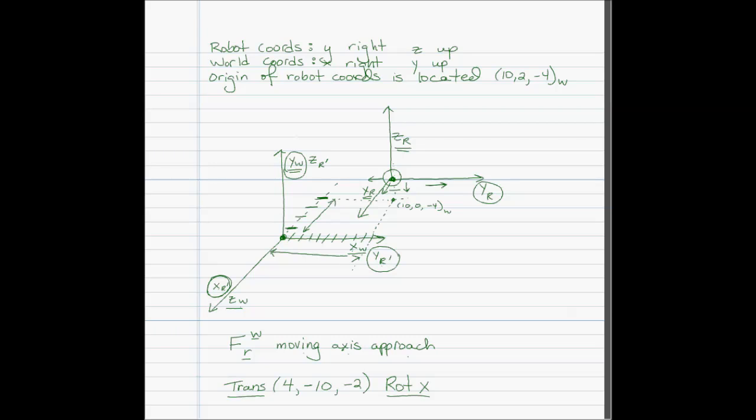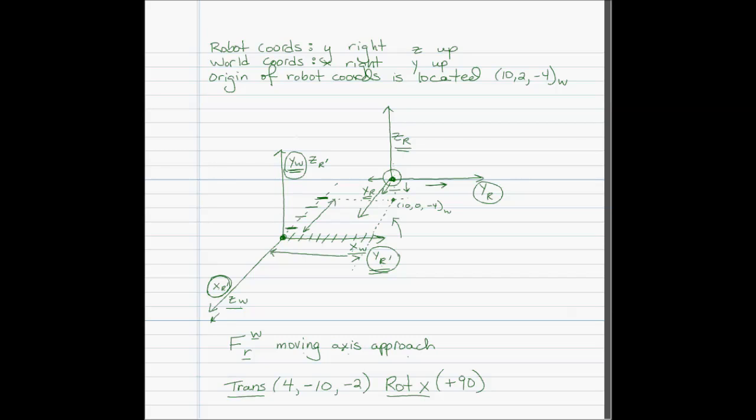I need to figure out how to align this y sub robot prime with this y sub world, and the answer is I need to do a rotation in this direction. And that direction turns out to be, if I point my right thumb along the x robot prime axis, a rotation of positive 90. So I'm going to do a rotation of x by positive 90.